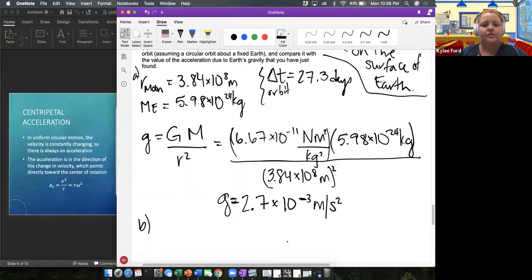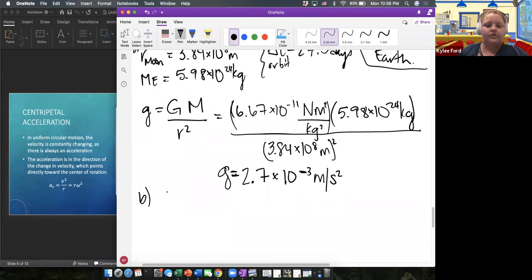And it's centripetal acceleration. I don't know the tangential velocity, but I can figure out my rotational velocity. Okay. So I'm going to go ahead and do that. That's an R, sorry. There we go.